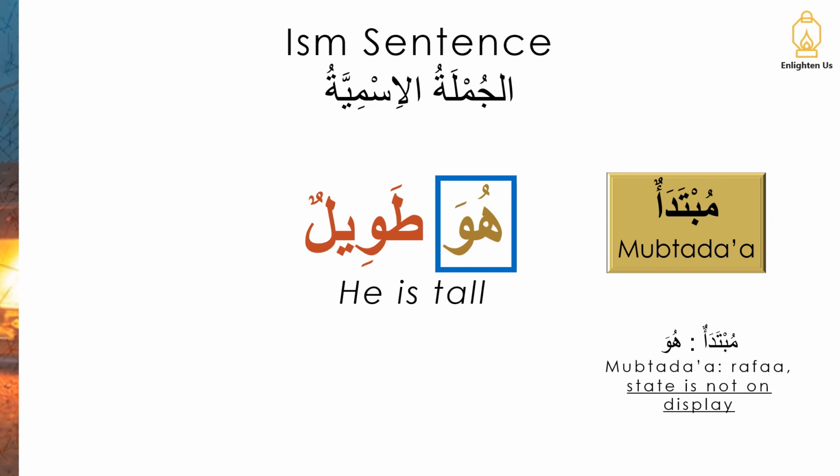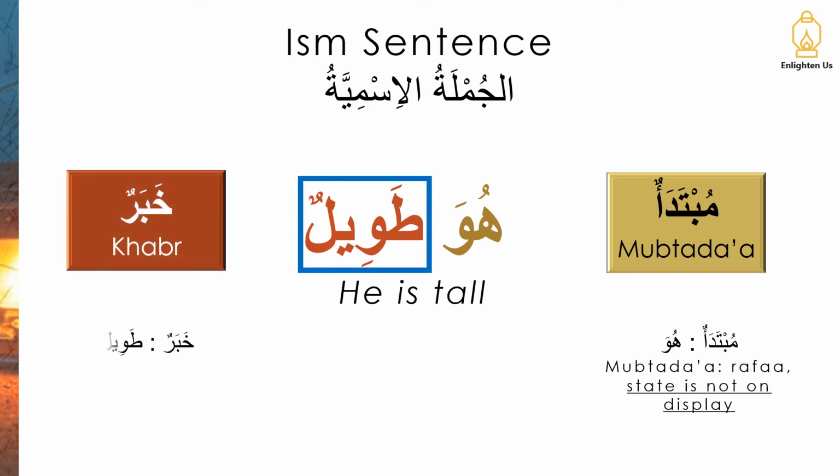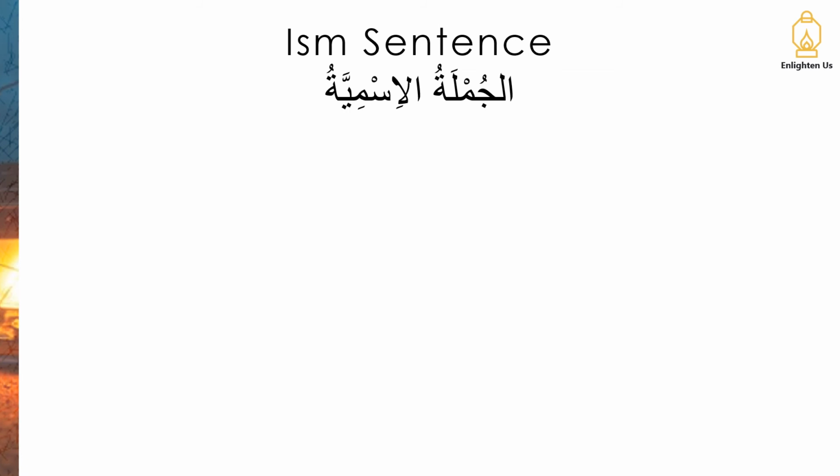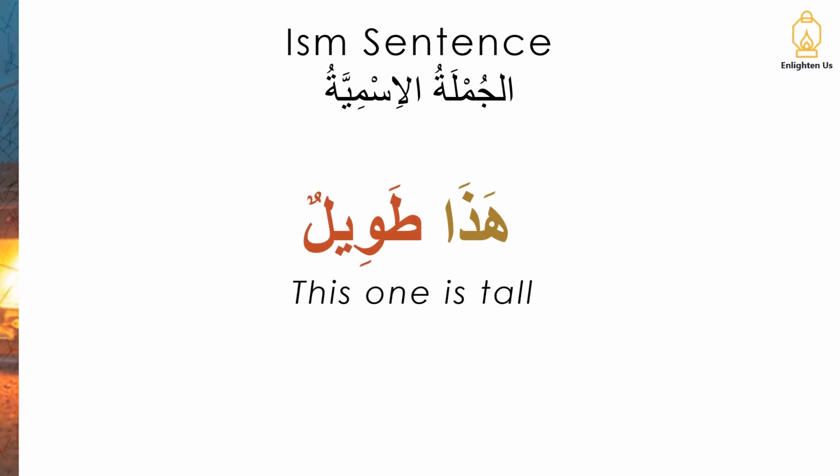In other words, it's going to look the same, irrespective of whether it's rafa, nasab, or jar, and in this case our mubtada is very much rafa. And tawil, as we've seen before, is our khabar, and that's denoted by the double dhamma, which tells us that it's in rafa.